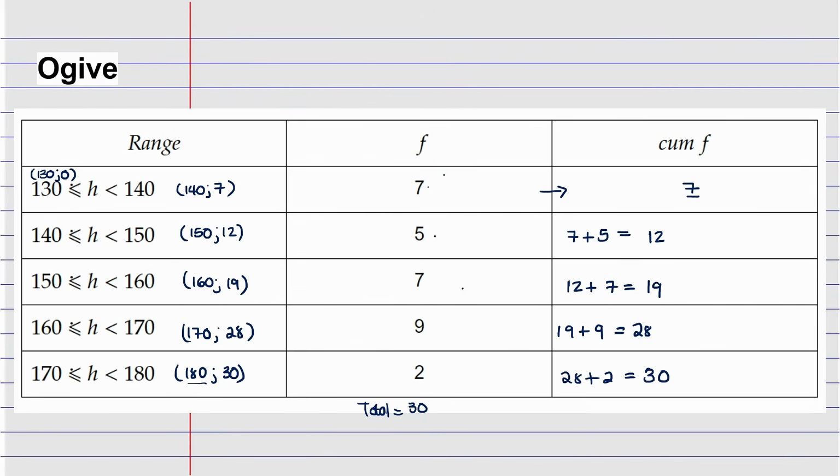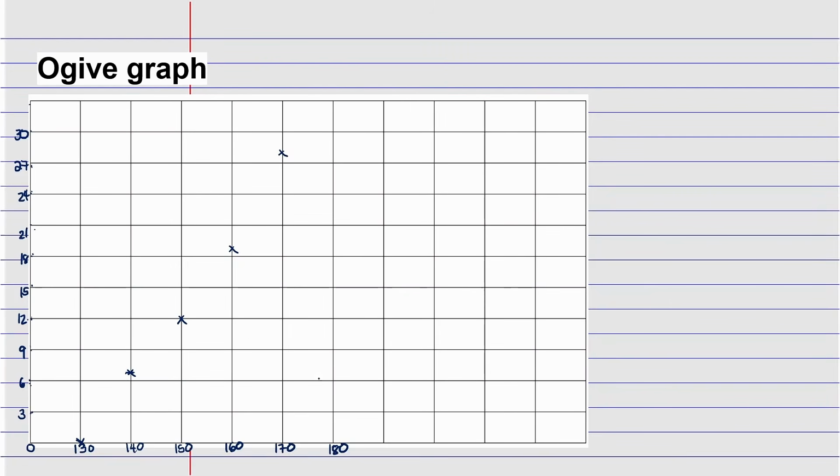And the last one is 180 and 30, which is going to be somewhere here. Connect the points. So it's going to be like this. And that completes drawing your ogive.